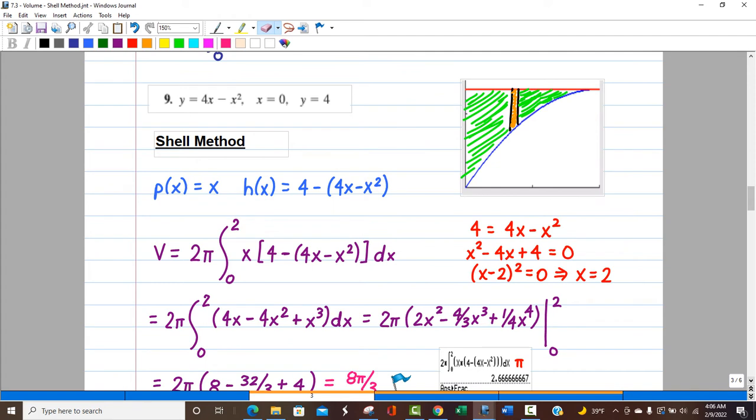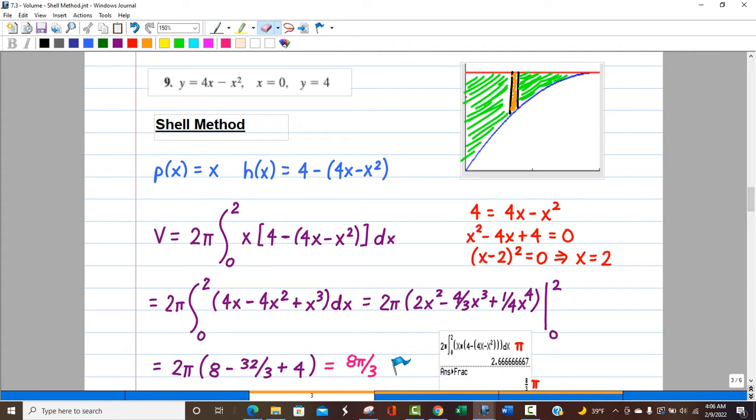So we would have 2 pi, 0 to 2, and then p of x and h of x just multiplied together. So, here I solved it just algebraically. That goes 0 to 2. That's how you can do it. You set it equal to 4, to figure out where this is going to cross.